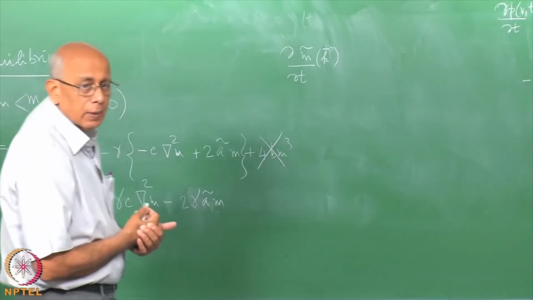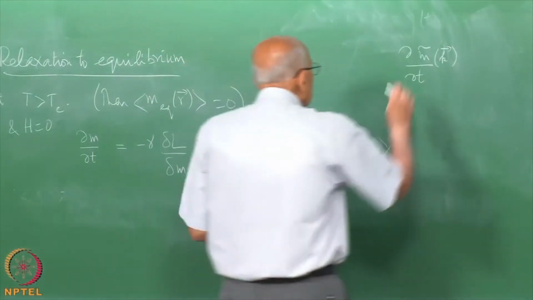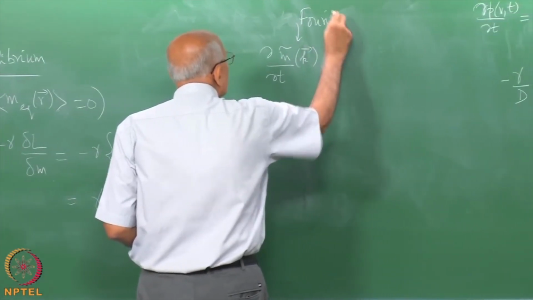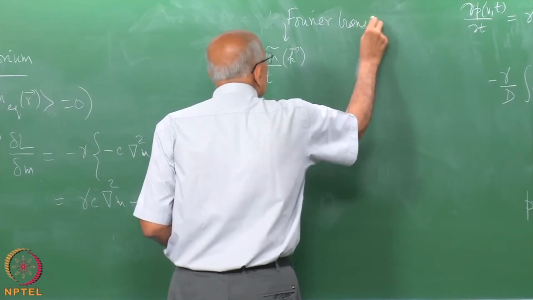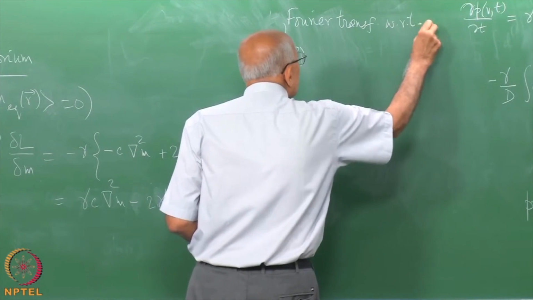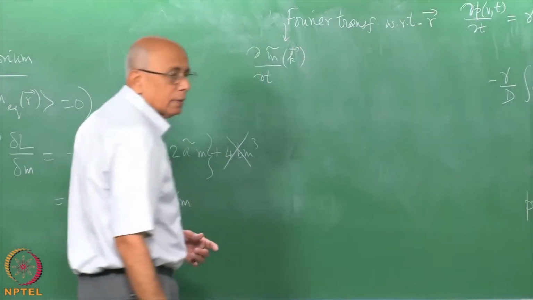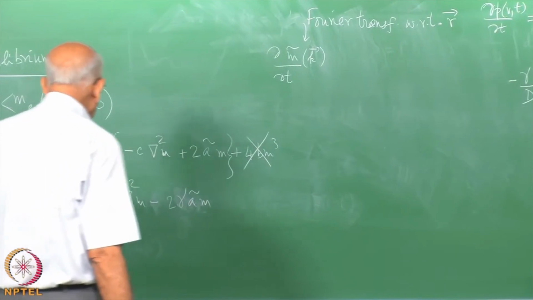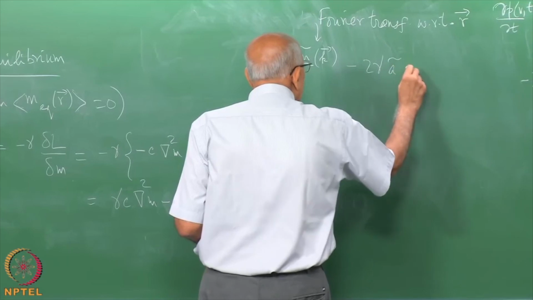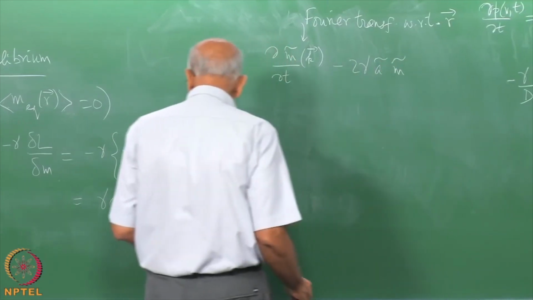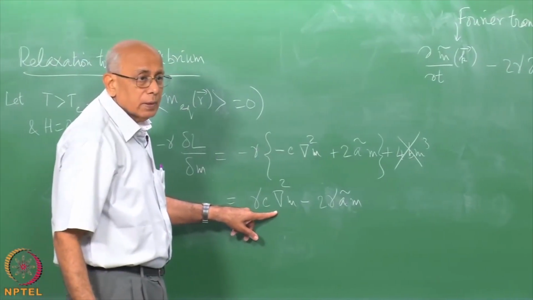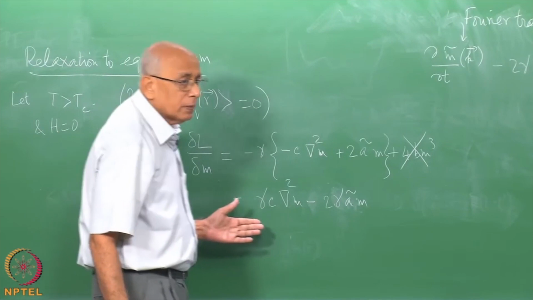Okay. So this is the Fourier transform with respect to the space variable R, spatial Fourier transform. This fellow is minus 2 gamma a tilde m tilde, and then this is going to give me a k squared, the del squared with a minus sign.